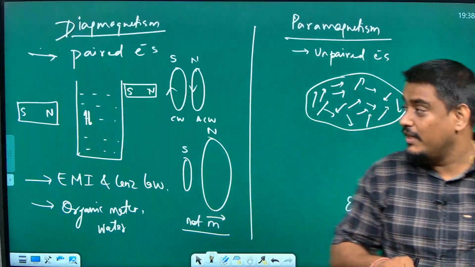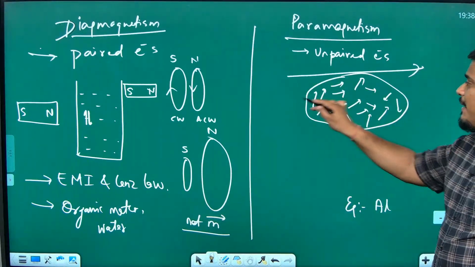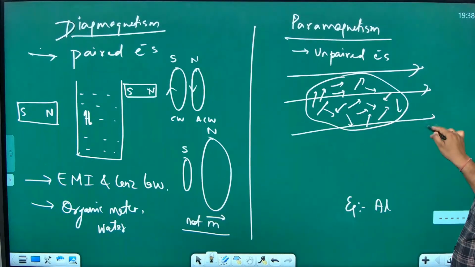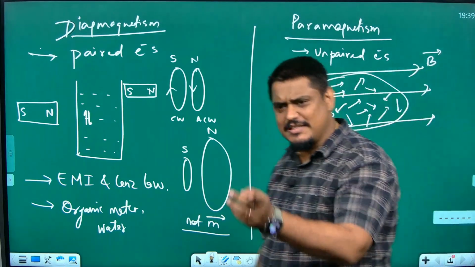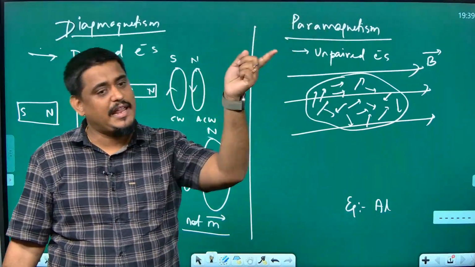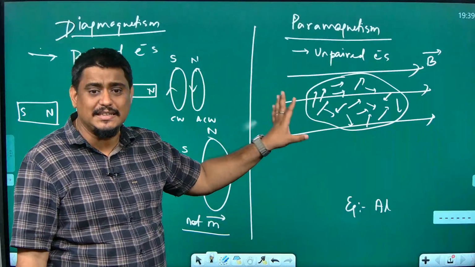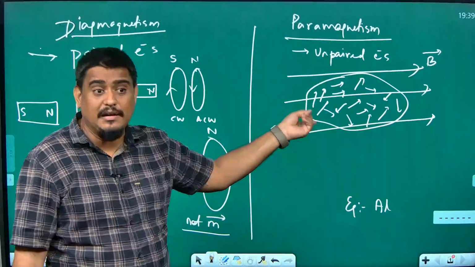But the moment it is subjected to an external magnetic field, imagine I am giving an external magnetic field here, what will happen? You know very well, very similar to the first chapter, when you have electric dipoles kept in an electric field, they align, right? Same way, when you have magnetic dipoles placed in a uniform magnetic field, they will align.